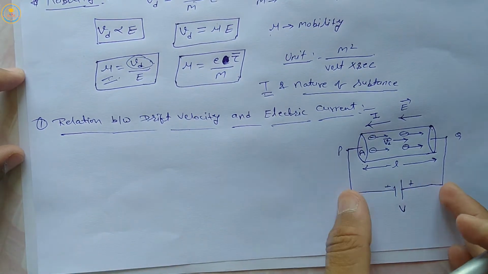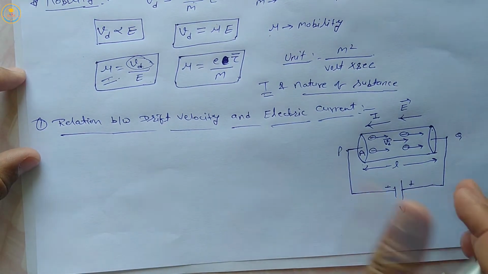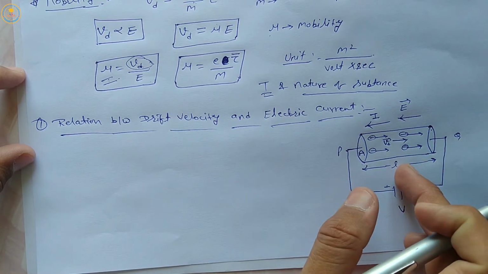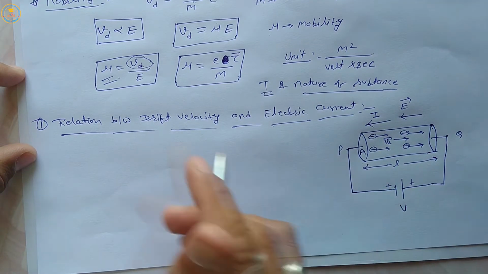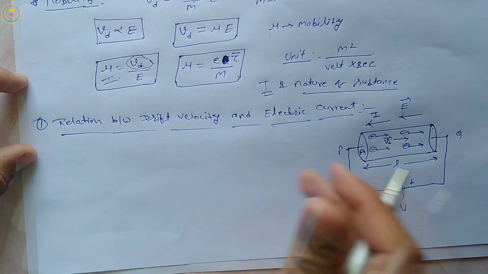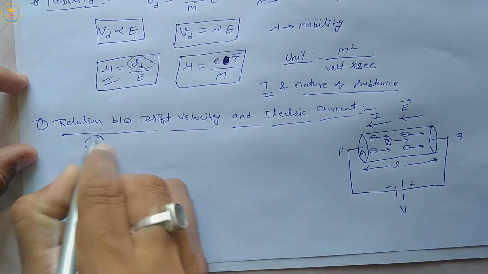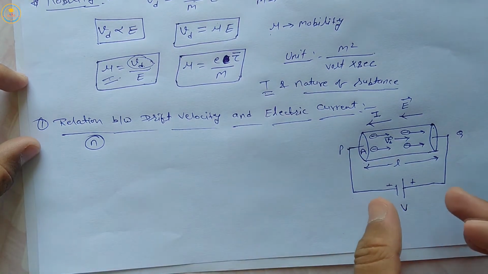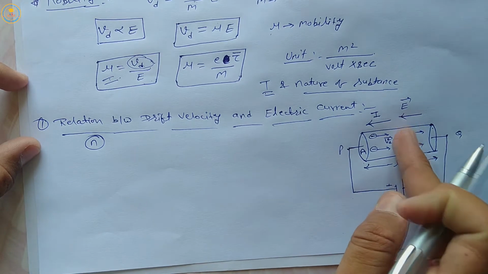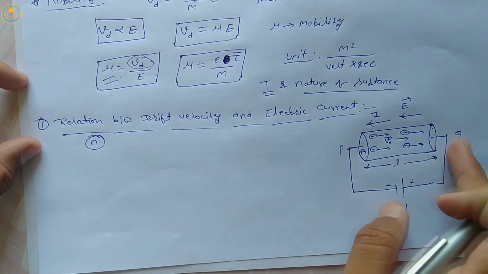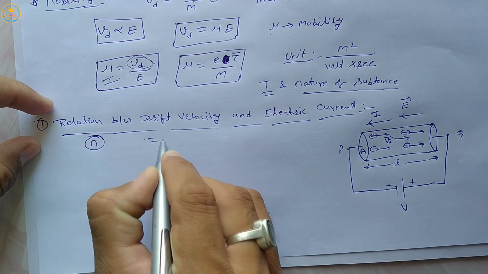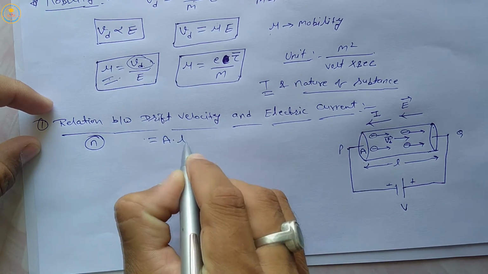Suppose the number of free electrons per unit volume in this conducting wire is small n. Then the volume of this conductor is equal to area into length.